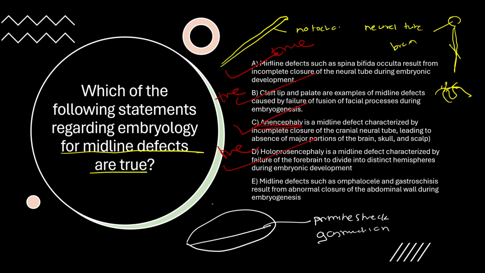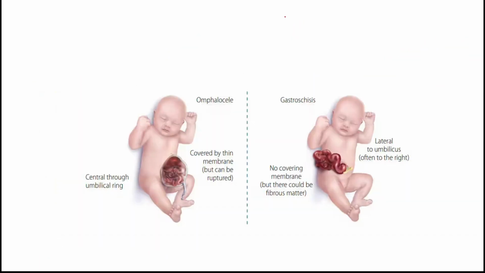Then the fifth and final: midline defects such as omphalocele and gastroschisis result from abnormal closure of the abdominal wall during embryogenesis. Omphalocele and gastroschisis are both abdominal wall defects. That is true, though there are a few differences. In the development of the fetus, you initially see the abdominal organs outside the body.